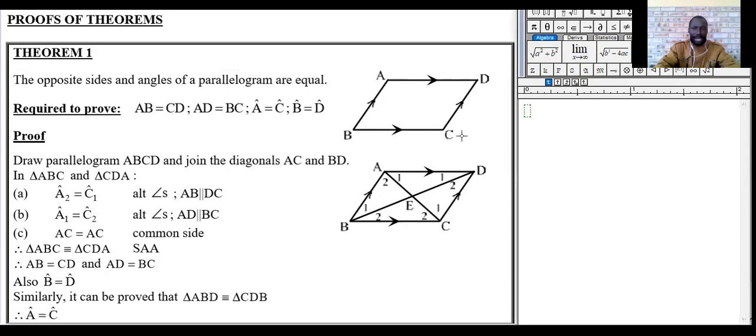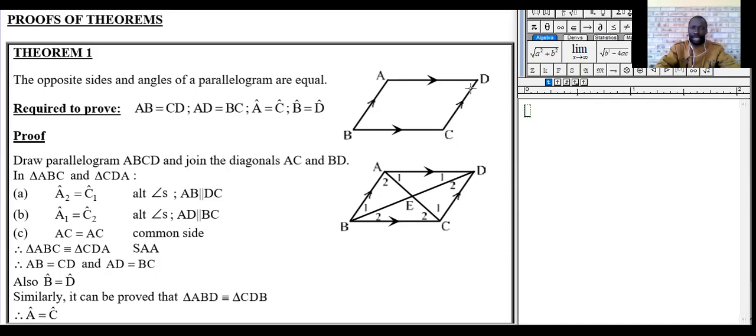These sides occurring in pairs are opposite sides. For the opposite angles, the angle at A and the angle at C are opposite angles in a pair, and the angle at B is opposite to the angle at D. They are also in their own pair, and they are equal to each other.